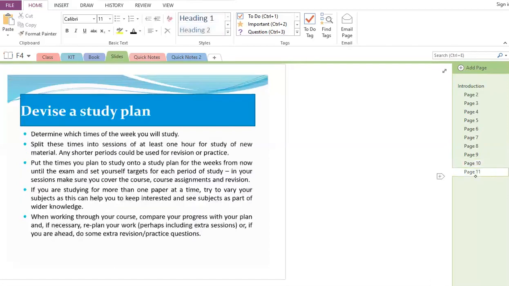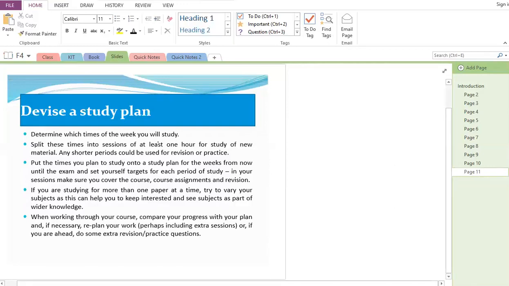Now how we are going to plan our study. Time is very important. This is a CBE paper and you can attempt the paper whenever you want. So it is very important that you limit your planning according to the time.